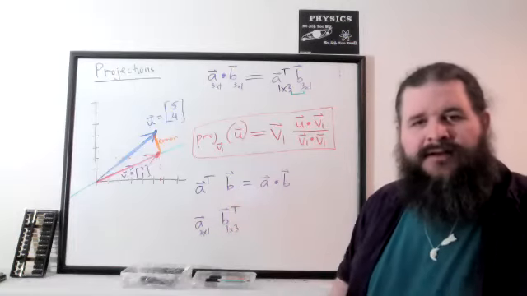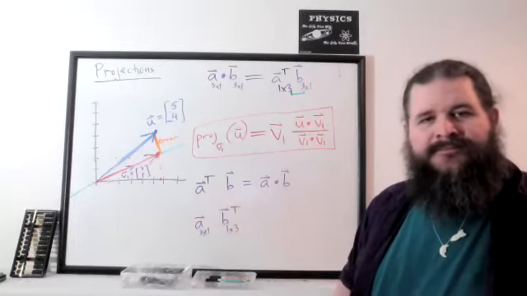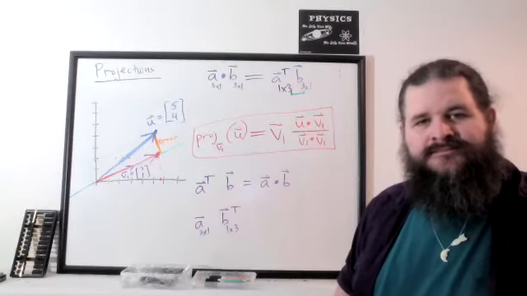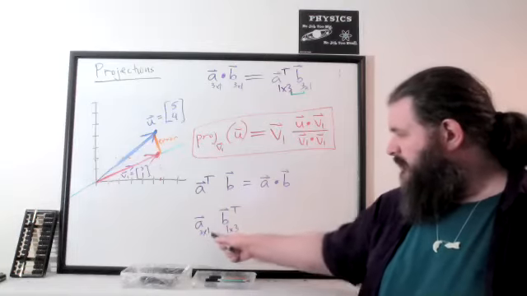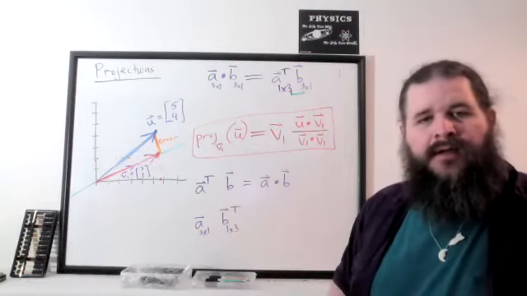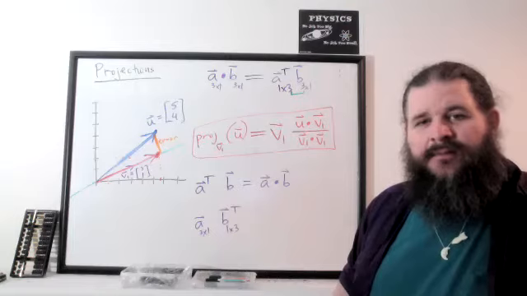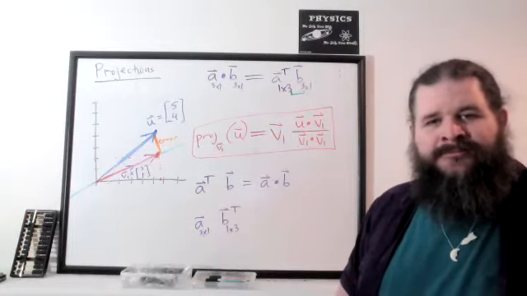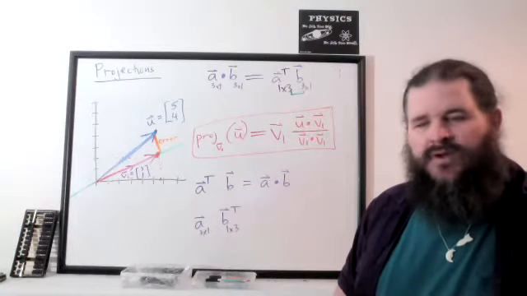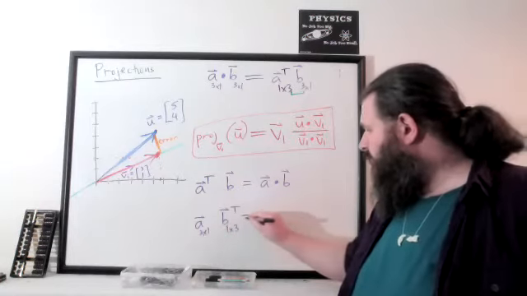Can those be multiplied? Yeah, these can be multiplied because the inner dimensions match up. 1 and 1 are the same. But the result's not just going to be a single number. What sort of result would you expect here? Right, you're going to get a 3 by 3 matrix.